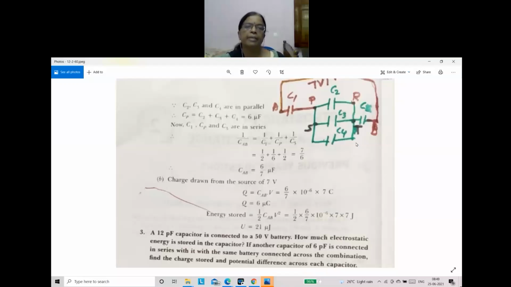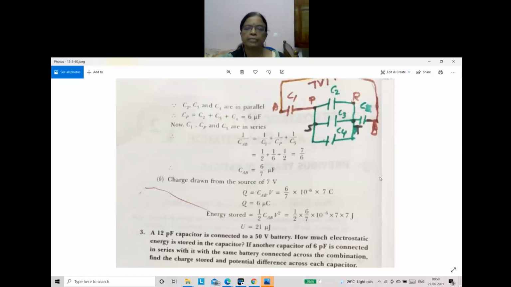For series you can use the formula 1 by C1 plus 1 by C2,3,4 plus 1 by C5. Then we get the answer. See, 1 by CAB is 7 by 6. CAB is 6 by 7 microfarad. That also we got. Then charge drawn, CV.